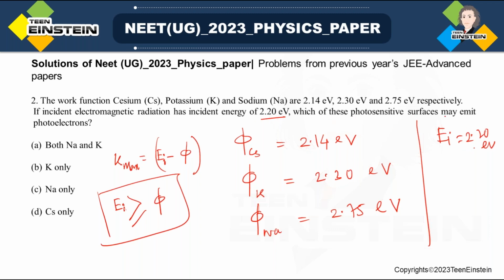So the question was, which of these photosensitive surfaces may emit photoelectron? So it is the cesium which has less work function than the incident energy of the photon or electromagnetic radiation. So cesium only. So the option D will be the correct answer here.